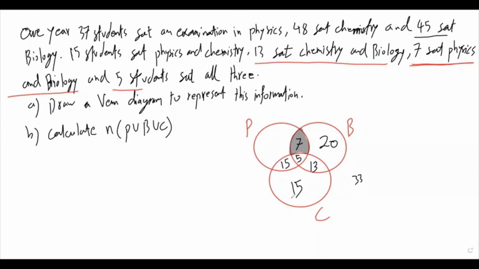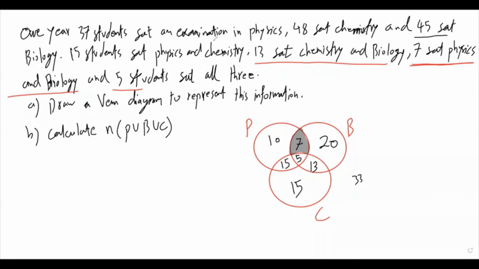And moving on to the last piece of information, 37 students sat an examination in physics. So 37 minus these 3 numbers, and that gives me 10. Right, that's a Venn diagram right there.